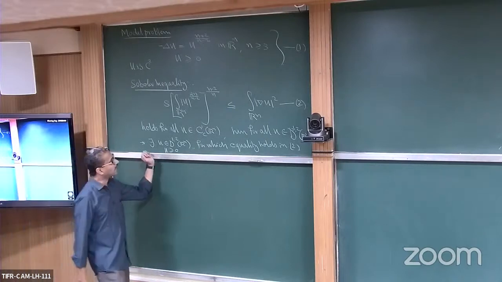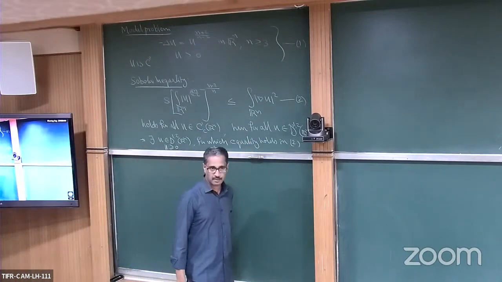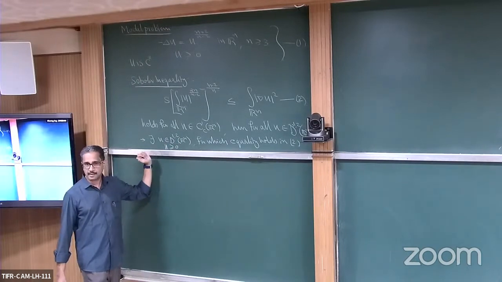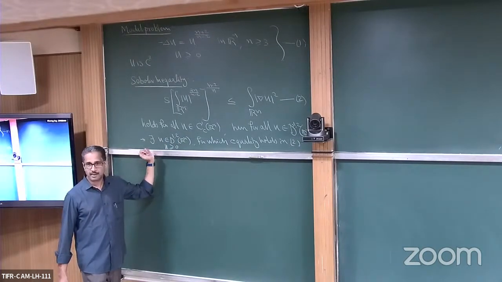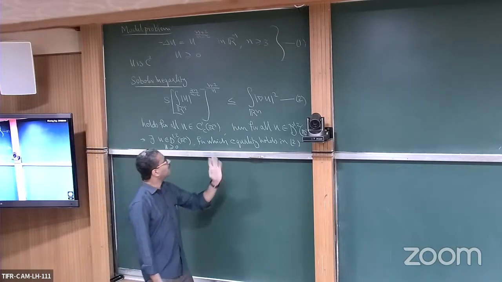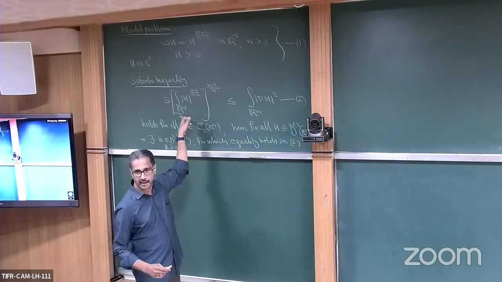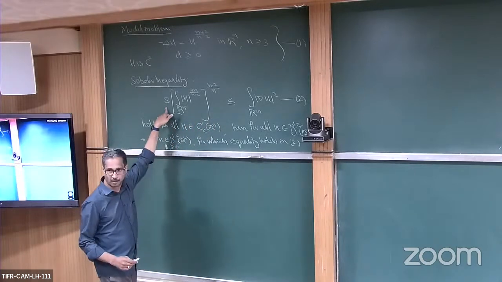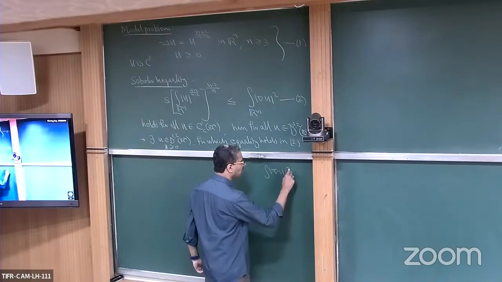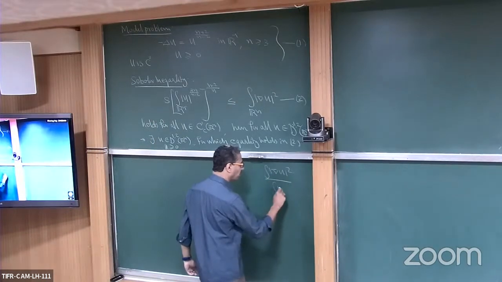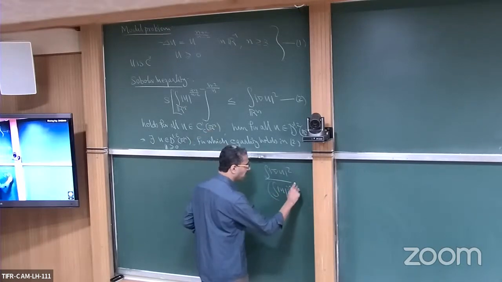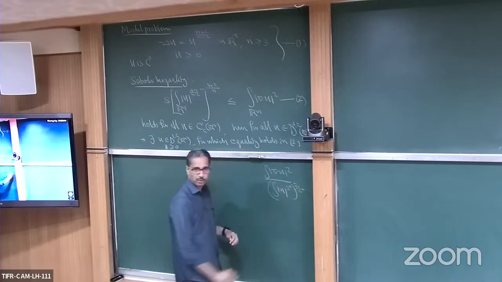Then you can write down the corresponding Euler-Lagrange equation of this inequality. Are you familiar with what it is? All of you? Okay, I'll just indicate. You have an inequality, and here this S is the maximum. In other words, what you're trying to do is find the minimum of the integral of the gradient of u squared divided by the integral of |u| to the power 2 star, all to the power 2 by 2 star.